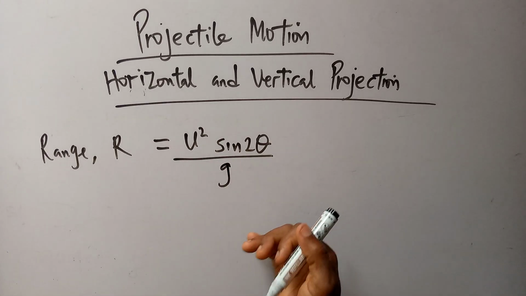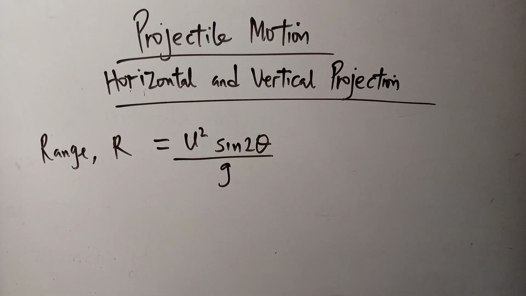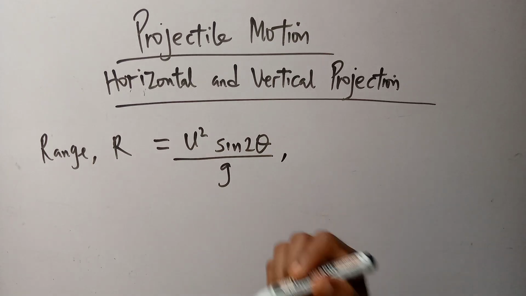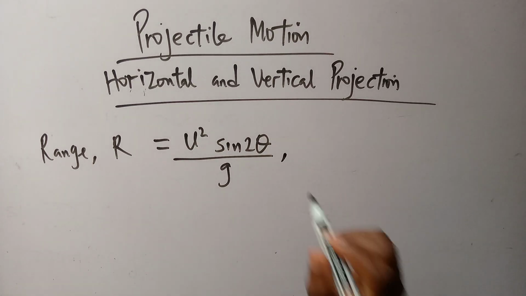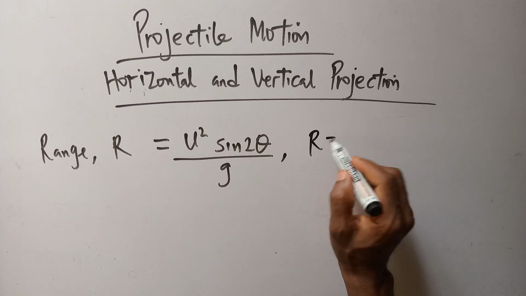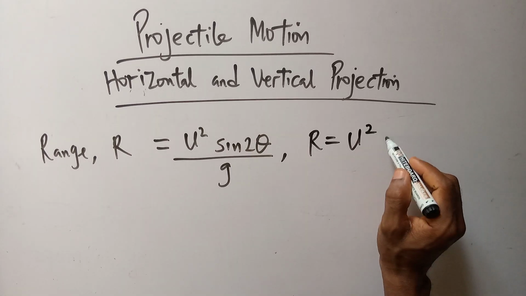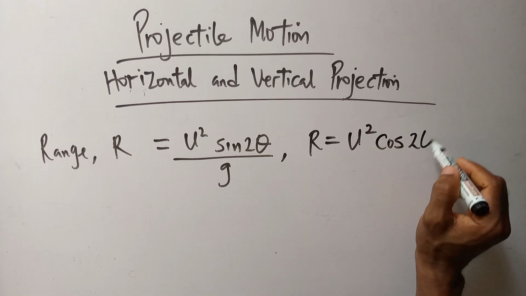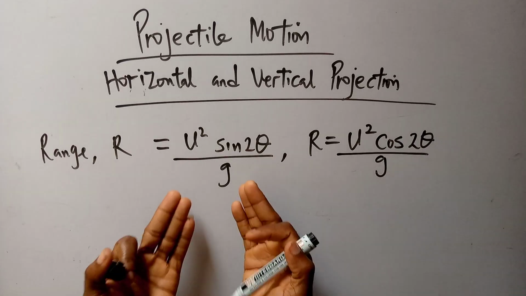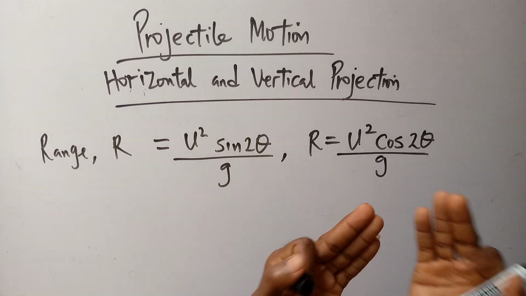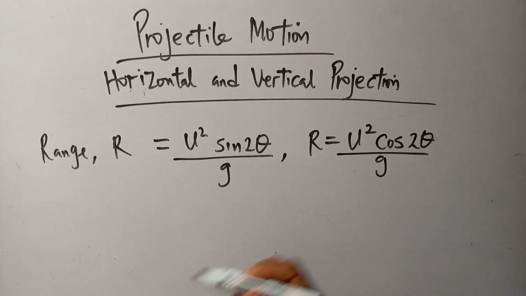But if the question says to the vertical, when the object is projected vertically upward, the formula becomes r equals u squared cos 2 theta over g. So horizontal projection, vertical projection.